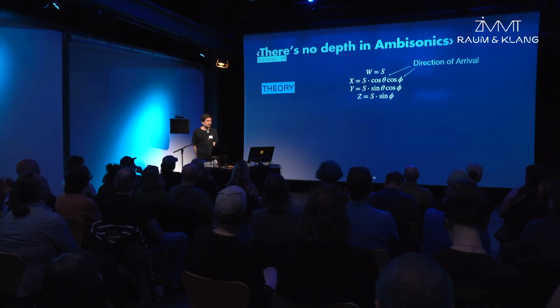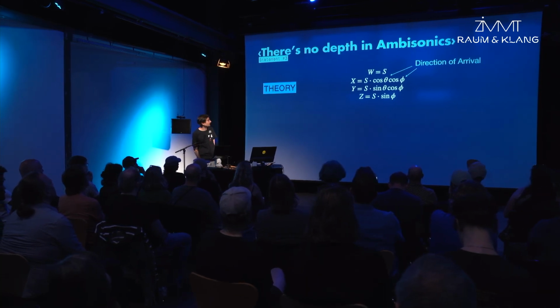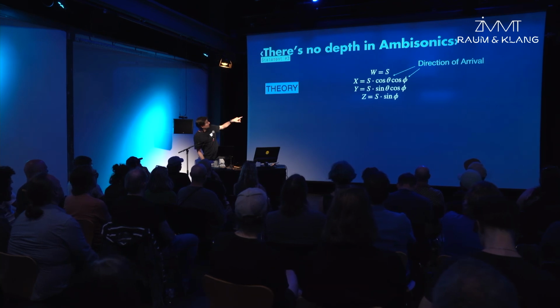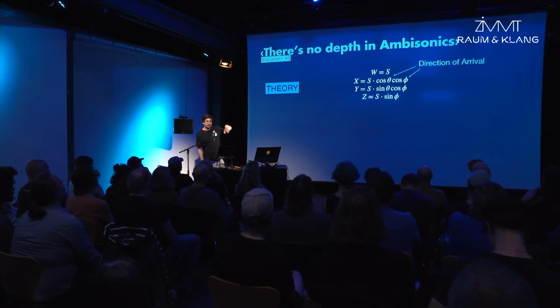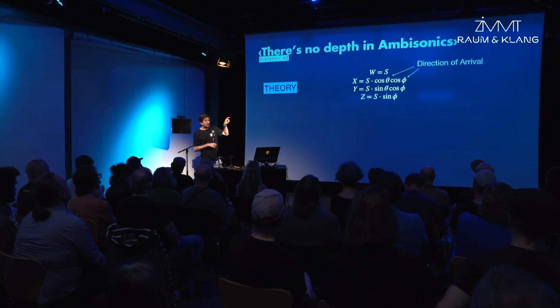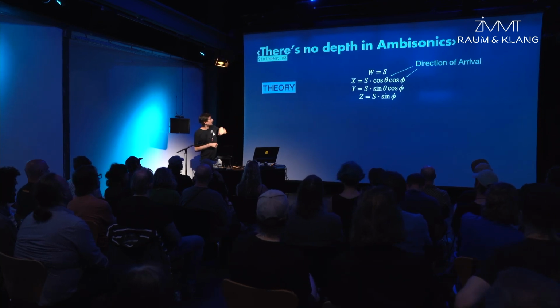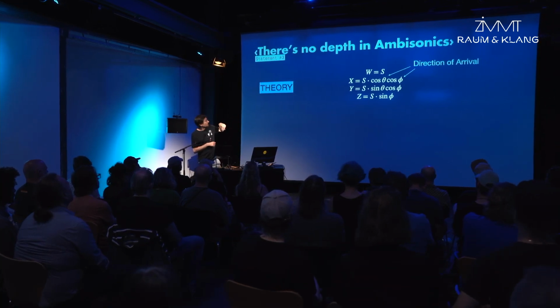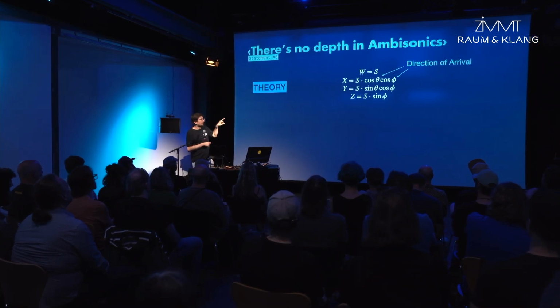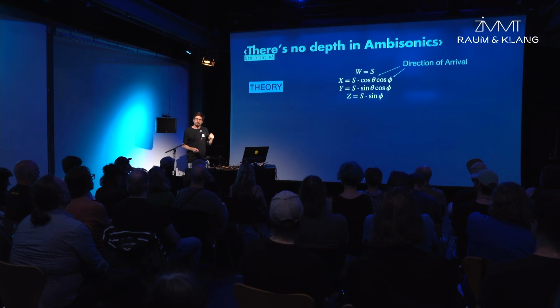So let's take a look at the theory of Ambisonics when it comes to first order Ambisonics. We have our WXYZ channels, the 4 channels of first order Ambisonics. We have our signal with the uppercase S, and we have direction information like elevation and azimuth. So there's no distance in that equation.